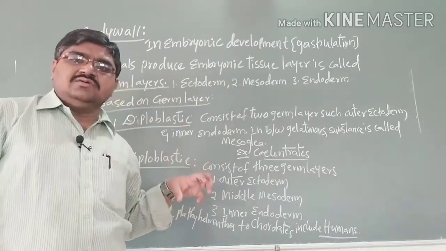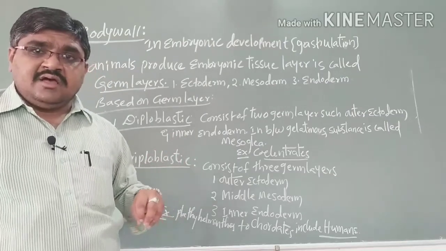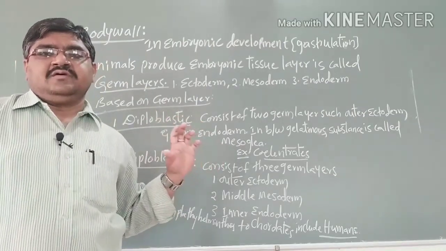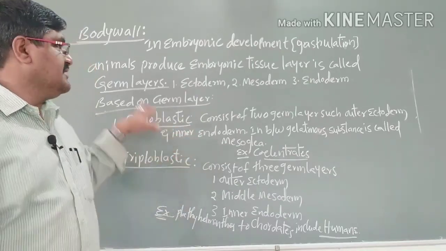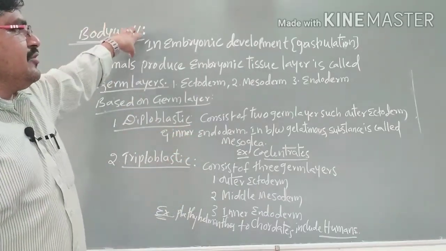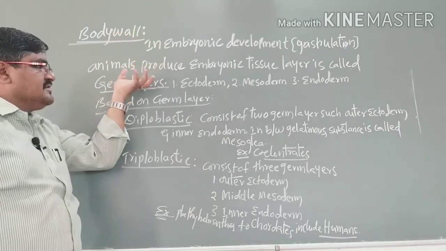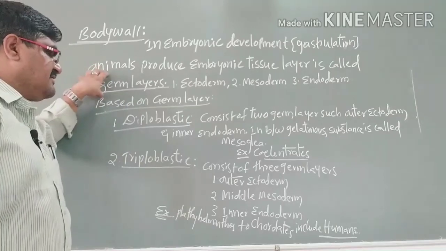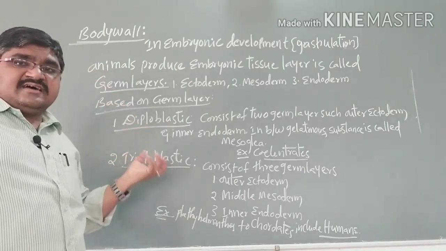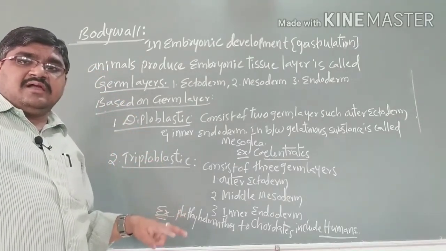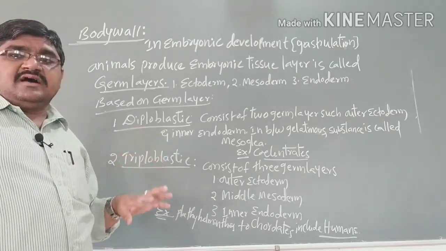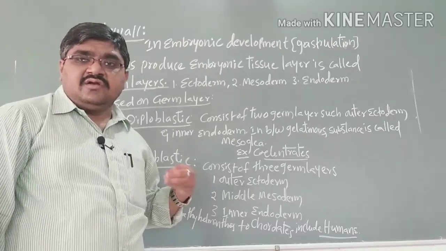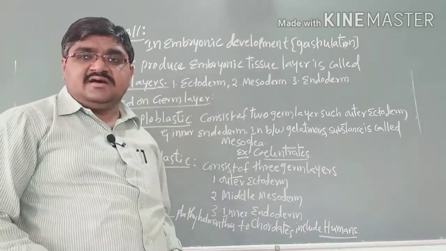If they have two germ layers, we call them diploblastic organisms. So during embryonic development in the body wall, three embryonic tissue layers are produced, which we call germ layers. Based on the germ layers, animals are classified into two types: diploblastic and triploblastic organisms. The remaining will be discussed in the next class.